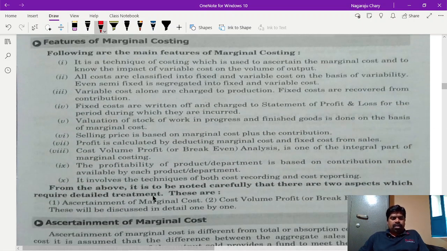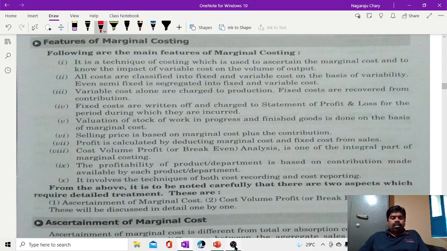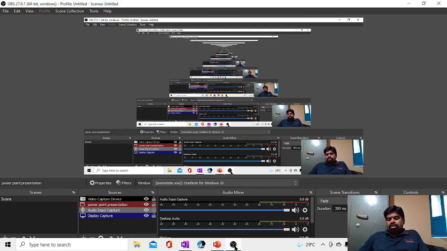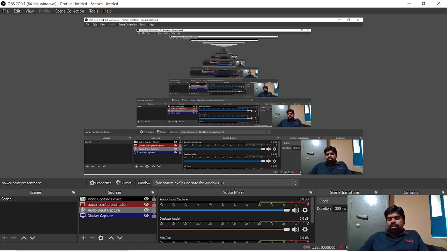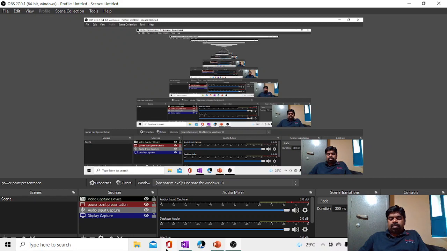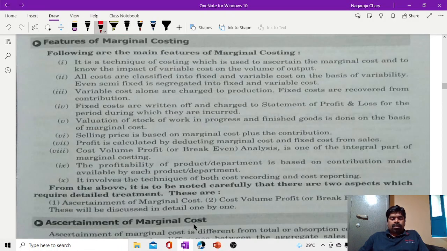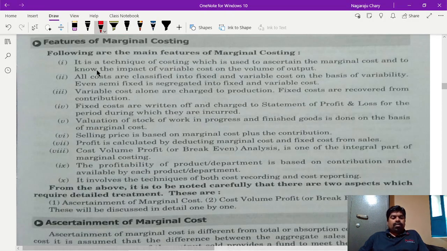So let us see what features constitute this marginal costing. The features are: it is a technique of costing which is used to ascertain the marginal cost and to know the impact of variable costs on the volume of output.